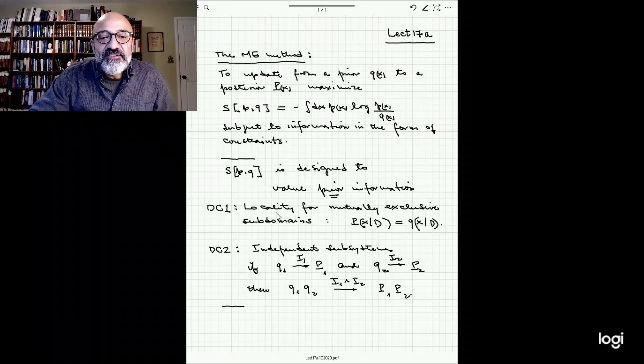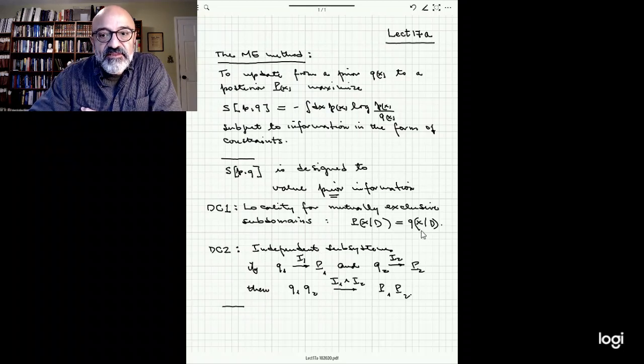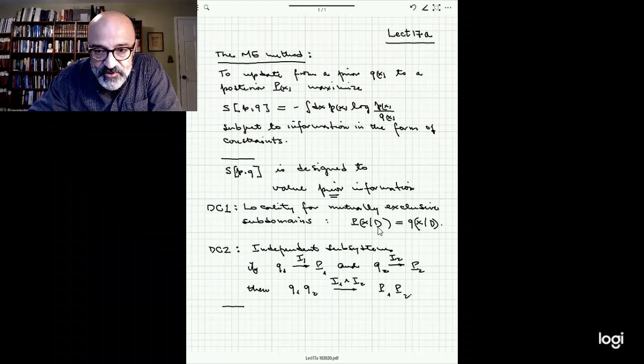what I've called here the locality for mutually exclusive subdomains. And what that means is that if you have information about some subdomain D prime that does not overlap with the subdomain D, then the posterior conditional on D is not updated.